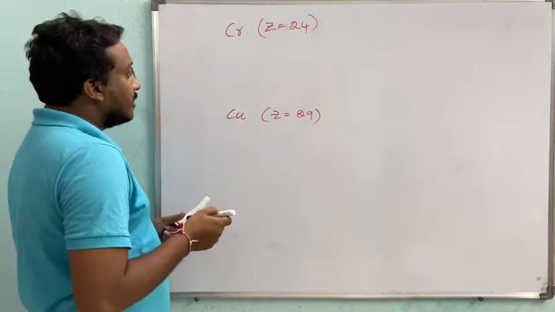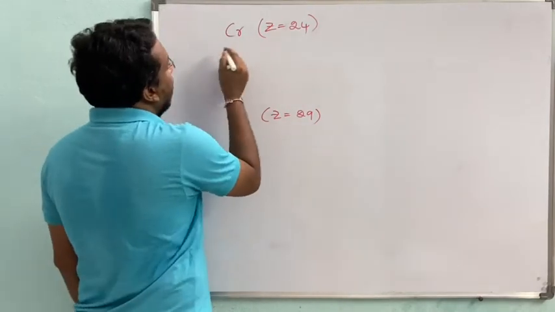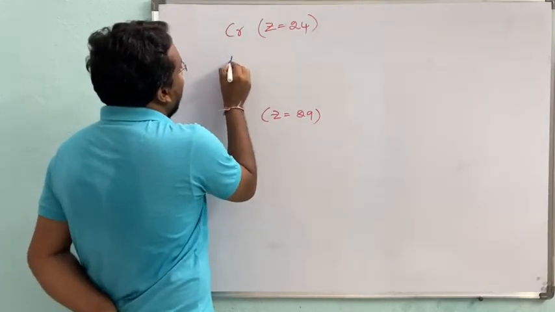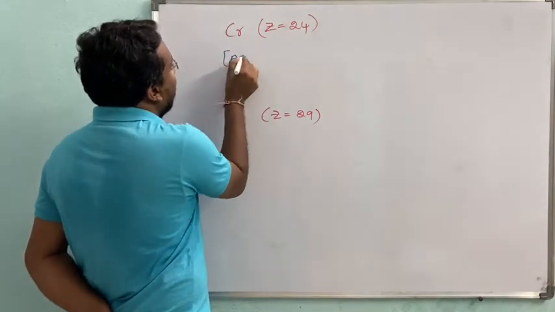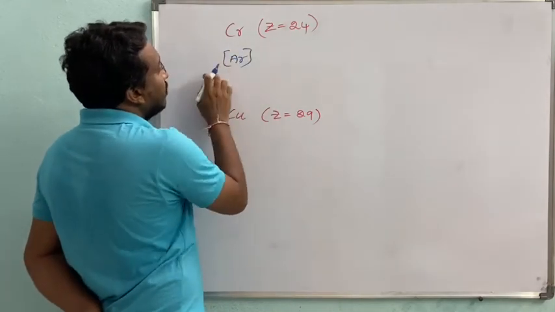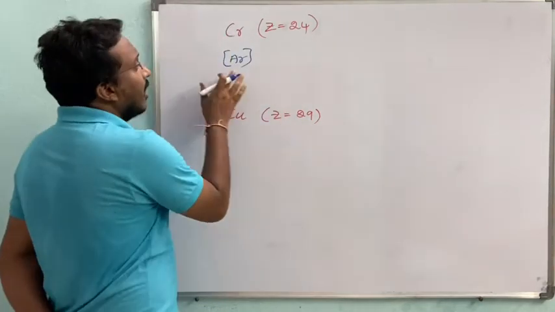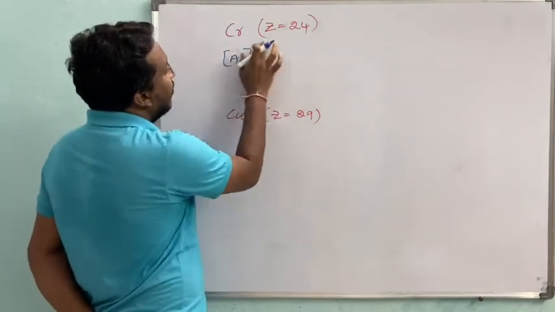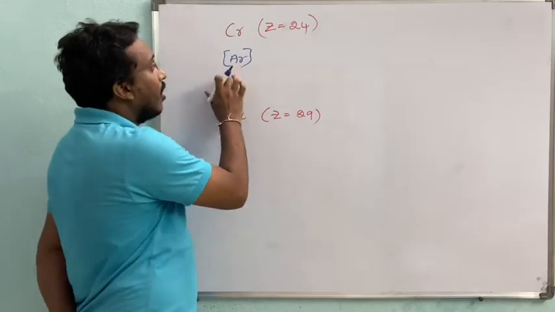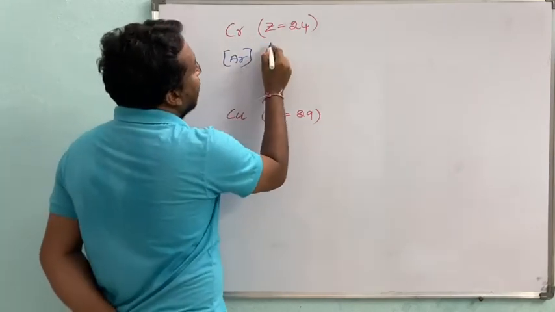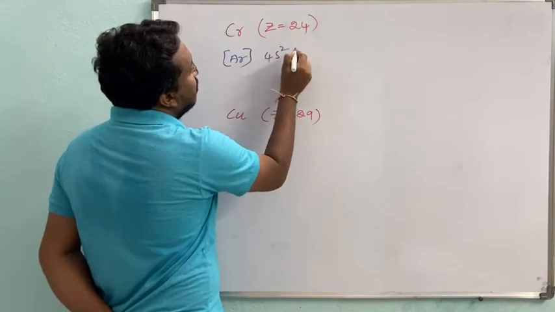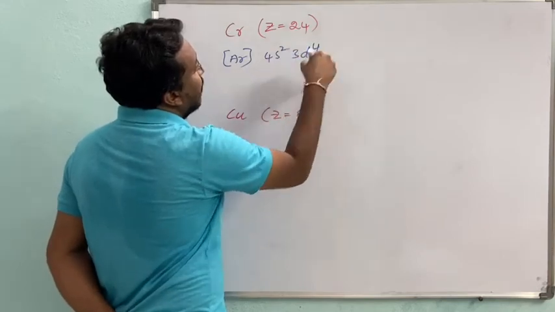Generally we will write the electronic configuration in this way: argon, because these are noble gases. While writing the electronic configuration, if it goes beyond a noble gas, we will take the noble gas directly. Argon, then after that 4s2 3d4.